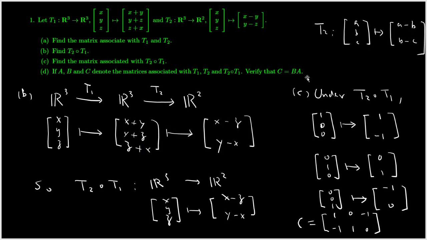So do you see something amazing in here? T1, T2, the maps are something abstract. You need to specify the rules and so on, from R3 to R2, from R2 to R1. But we can represent the linear maps using matrices, using a bunch of numbers. That's something amazing.